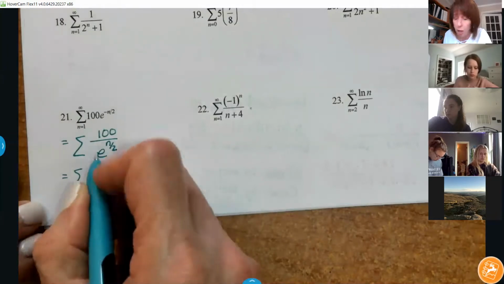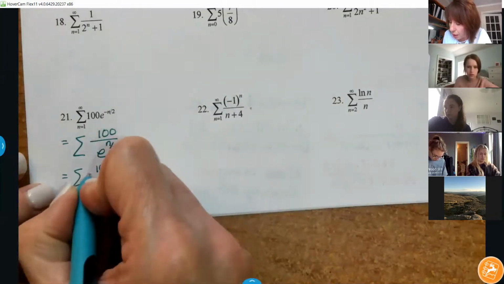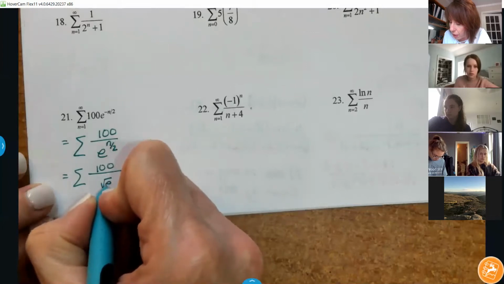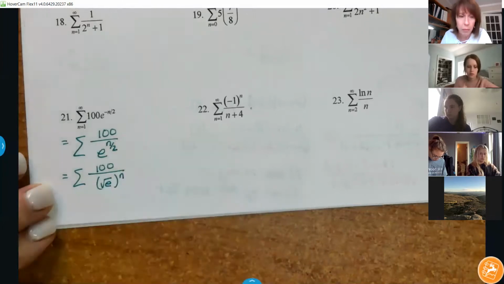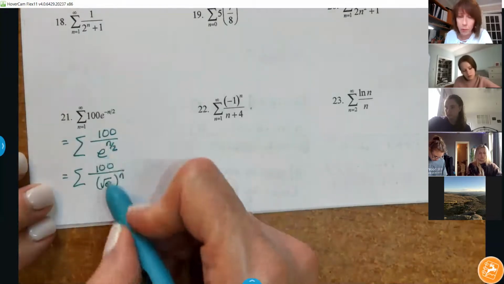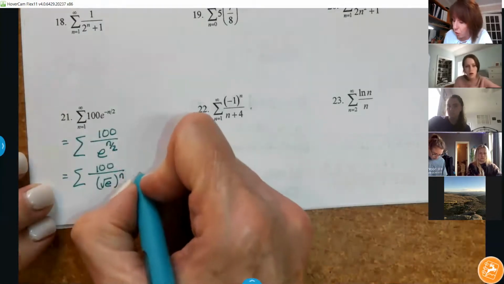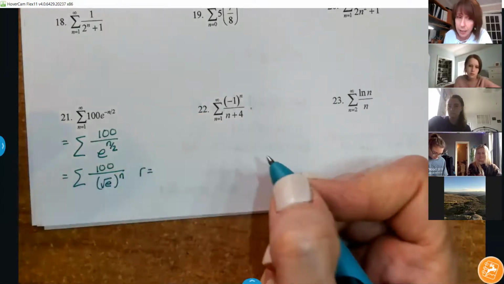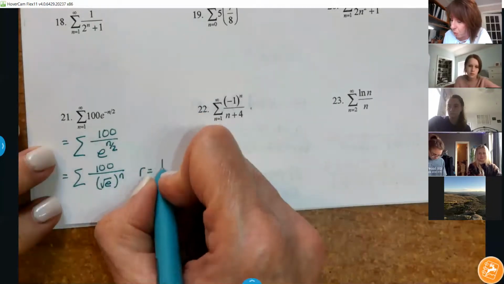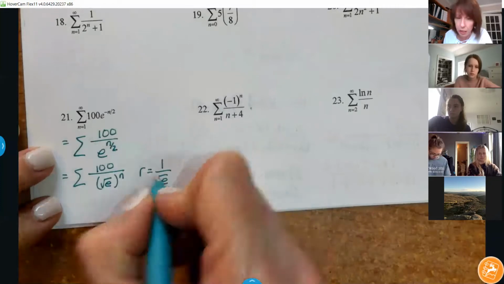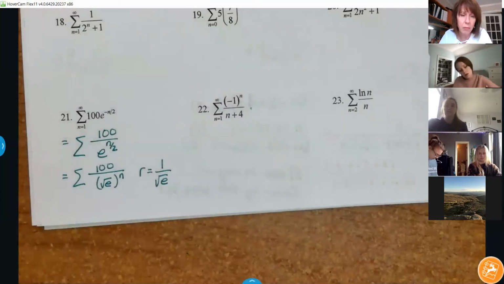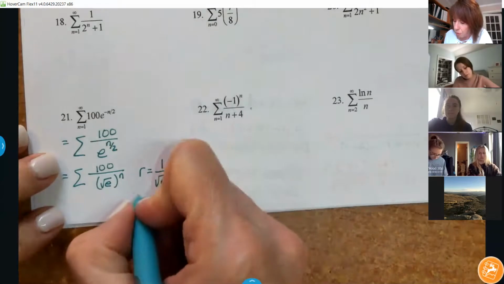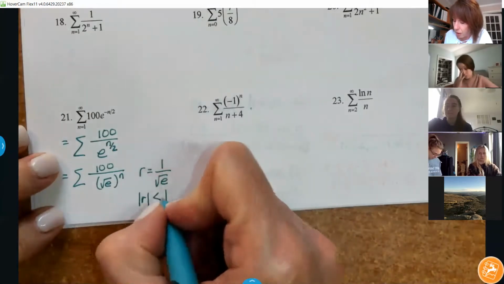I can pull it to the root. So this would be the square root of e to the n, and those mean the same thing. Okay, so now I can see what my r is. R would be 1 over the square root of e, and the absolute value of r needs to be less than 1.